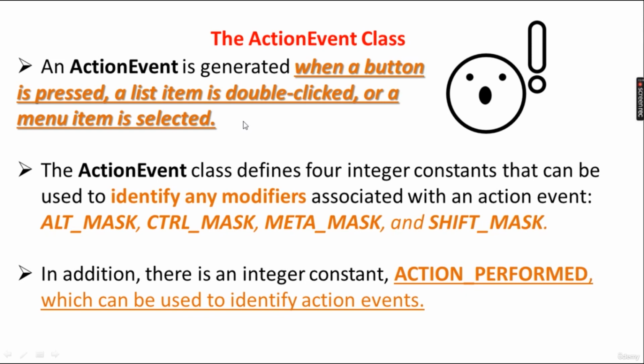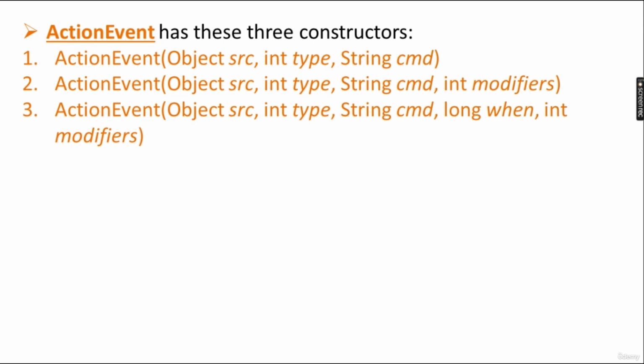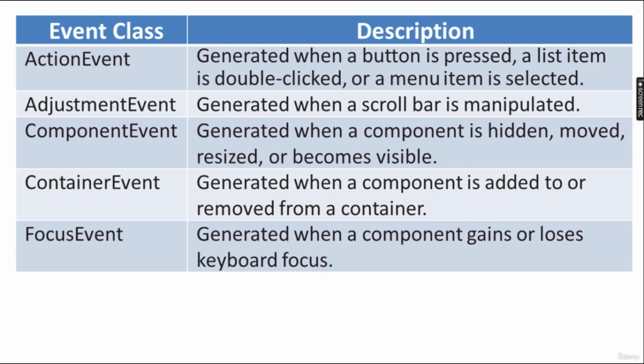In addition, there is an integer constant ACTION_PERFORMED, which can be used to identify an action event. It has three constructors: ActionEvent(Object source, int type, String command), ActionEvent(Object source, int type, String command, int modifiers), and ActionEvent(Object source, int type, String command, long when, int modifiers).